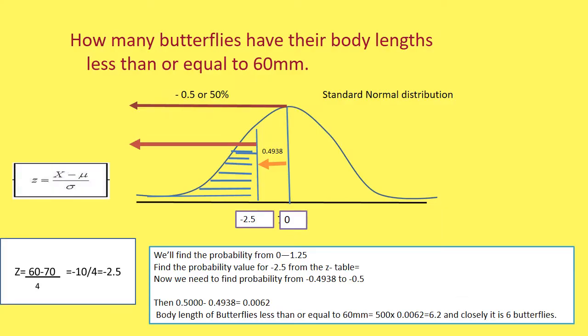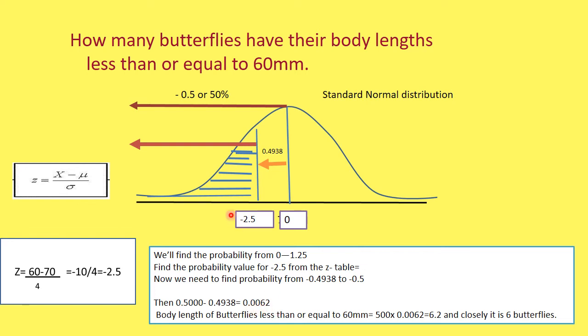So the probability from 0 to 2.5 is 0.4938. Then this total half is 0.5 probability. We have to remove 0.4938 from 0.5.